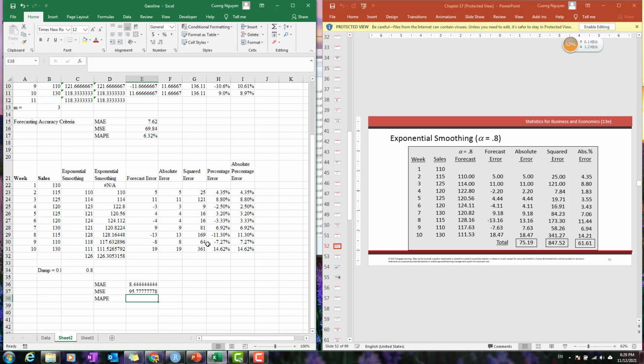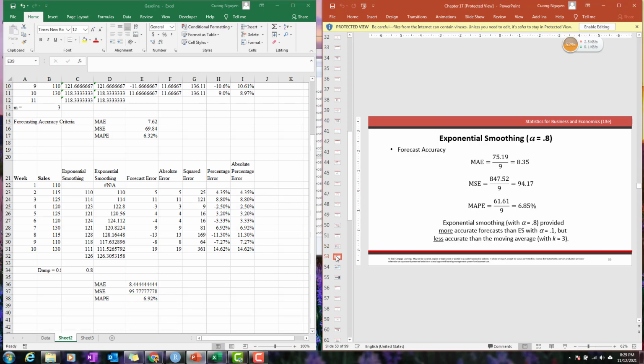This will be it. And last one, the mean of the absolute percentage error. And ta-da! Okay, let's check if that's correct or not. I'm pretty sure they are very close. Even if they round up, I believe my values are quite the same with what I did.